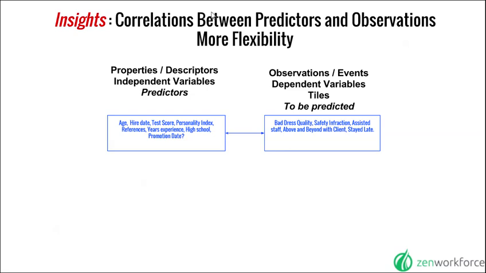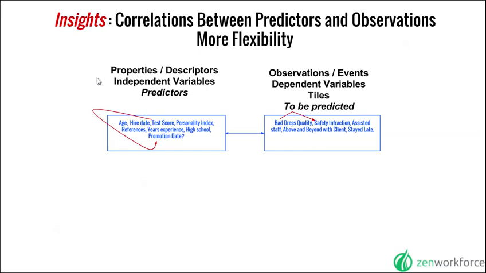Both are on the same side. There's nothing on the to-be-predicted side. And does bad dress predict a safety infraction like an oil spill? Again, both are on the same side. In this case, we have no predictors to use to compute this.